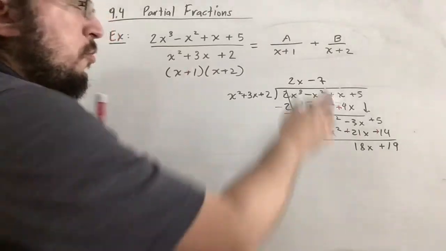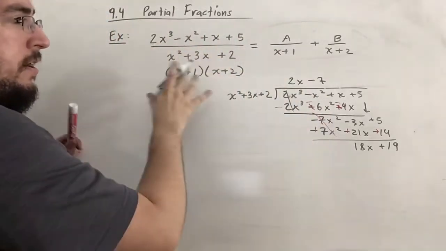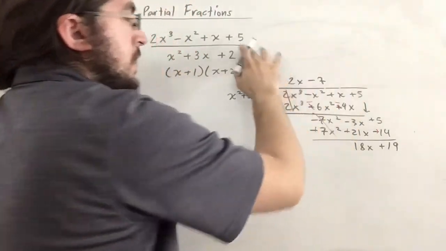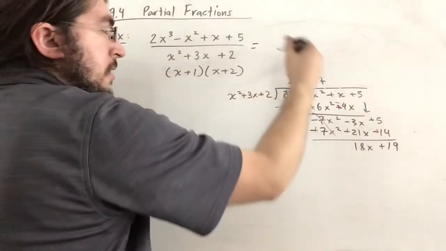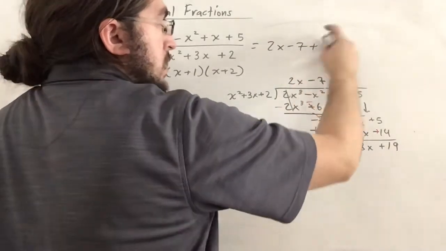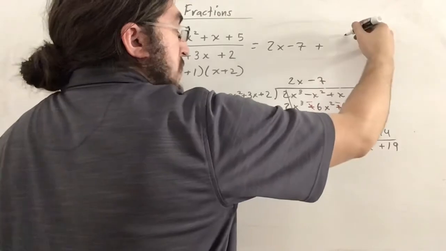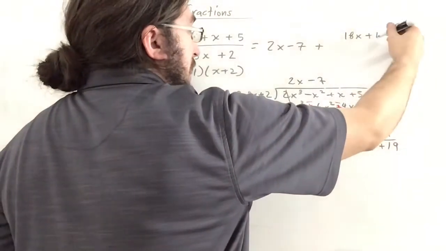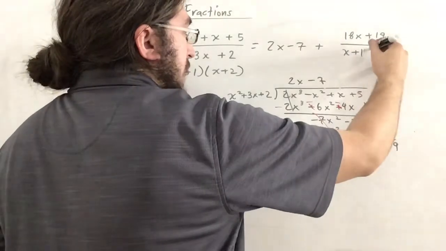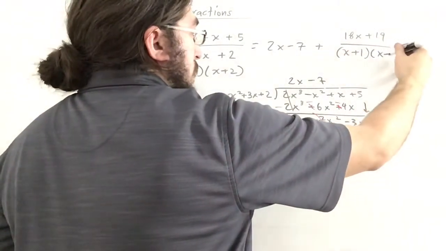So that means we've rewritten this side here. Before even getting into this partial fraction decomposition setup, we've rewritten this side as our quotient 2x minus 7 plus the remainder 18x plus 19 over the original denominator, which we know factors as x plus 1 times x plus 2.